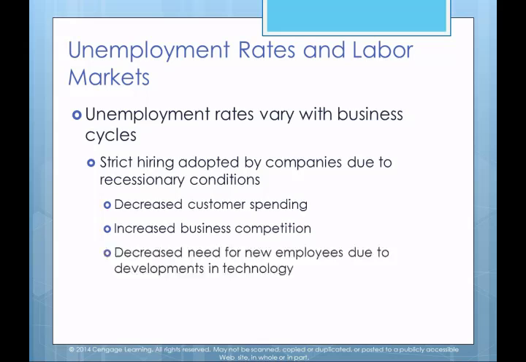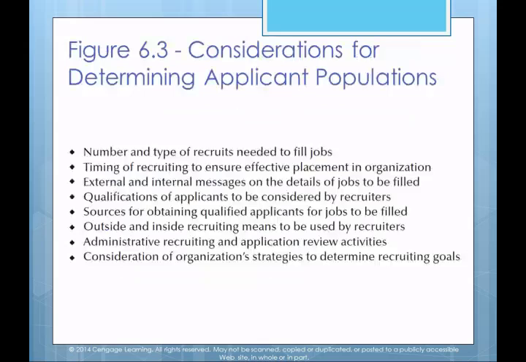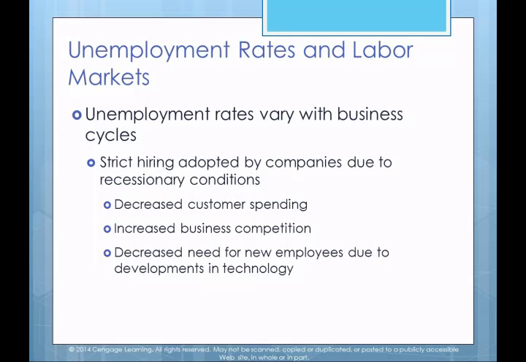Increased business competition, especially with our global markets. And decreased need for new employees due to developments in technology. A lot of positions, especially blue-collar positions, have been replaced by technology. Amazon has even come out with almost a human robot in their facilities, hopefully to eliminate their blue-collar workforce in their warehouses.